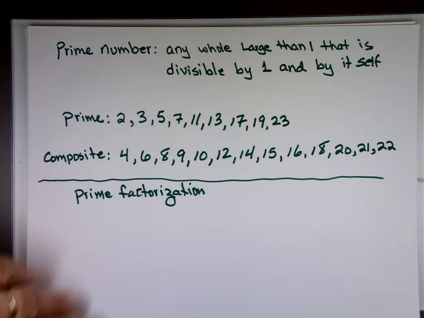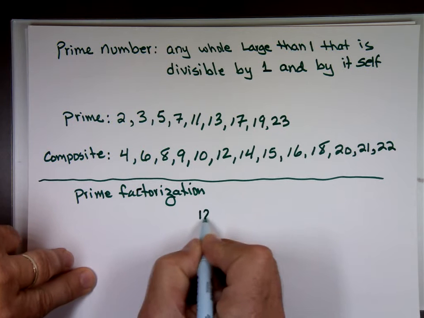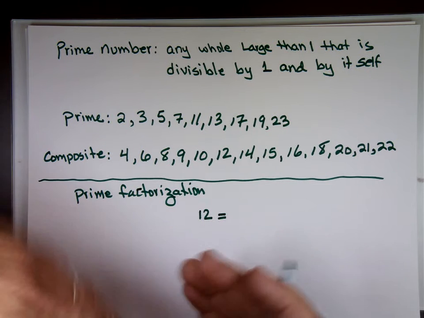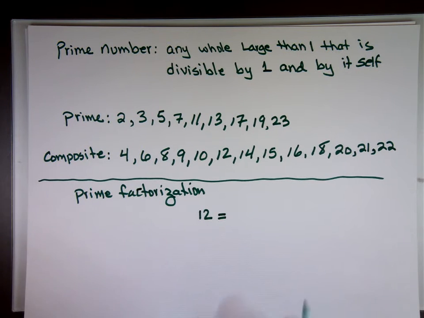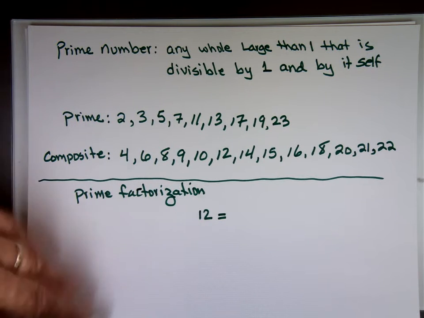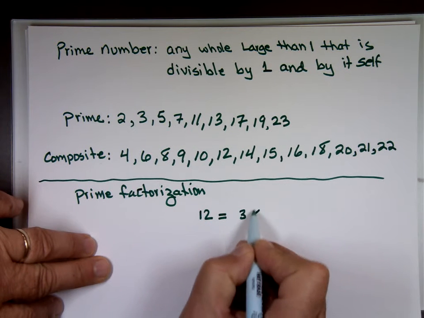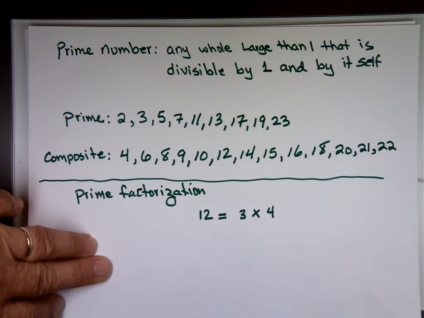Let's say I gave you the number 12. Can you rewrite 12 as some kind of a multiplication of some numbers, but use only prime numbers? I go, well, 12 is 3 times 4. Well, there's a problem. Is 4 a prime number?